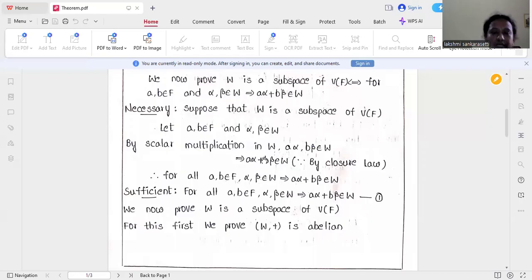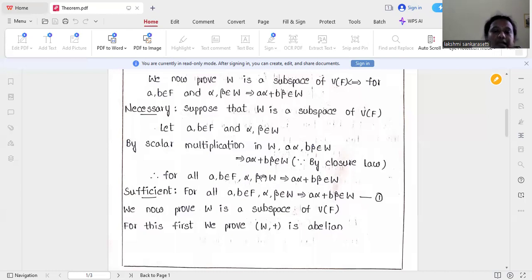In the abelian group under addition, by closure property, the sum of two elements in W will also be an element of W. This is by closure law in W. Therefore, we proved for all a, b belongs to F and alpha, beta belongs to W, the combination a alpha plus b beta belongs to W.